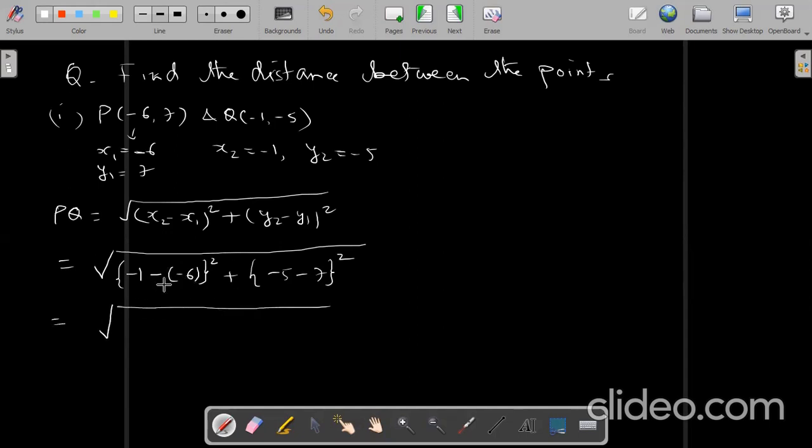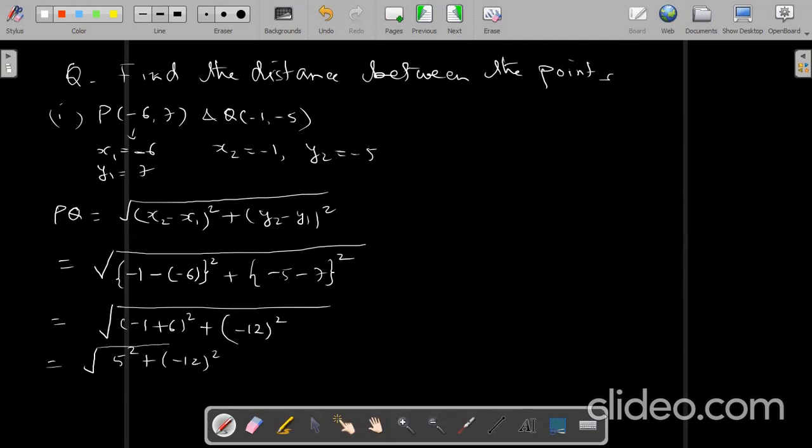Minus minus becomes plus, so this will become minus 1 plus 6 whole square, and minus 5 minus 7 will become minus 12 whole square. So 5 square plus minus 12 square.